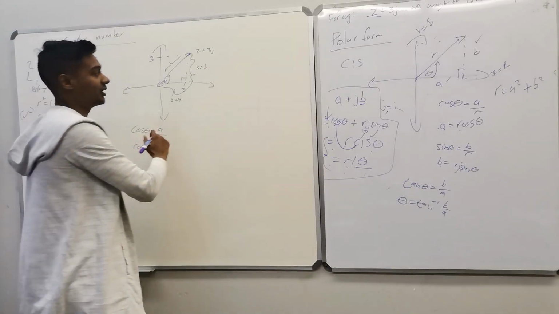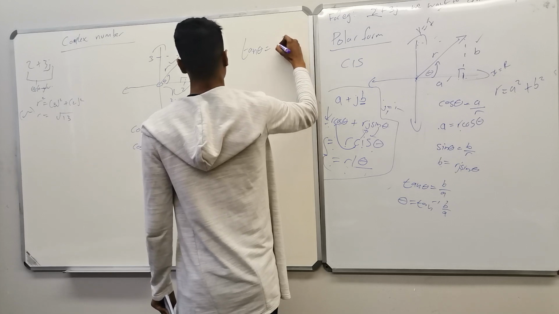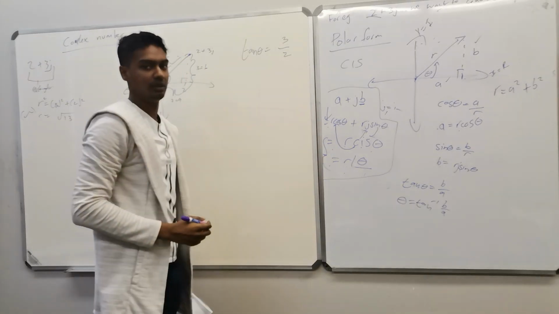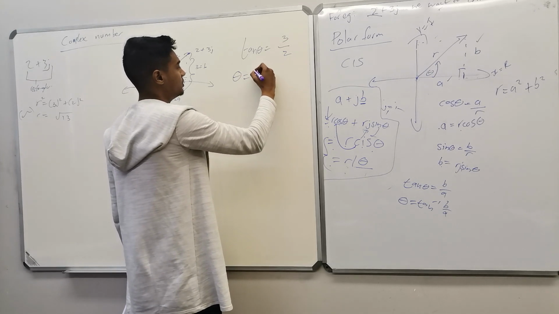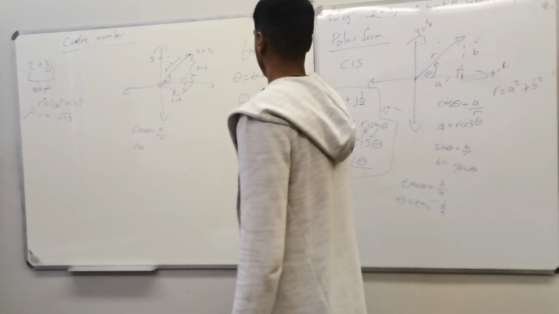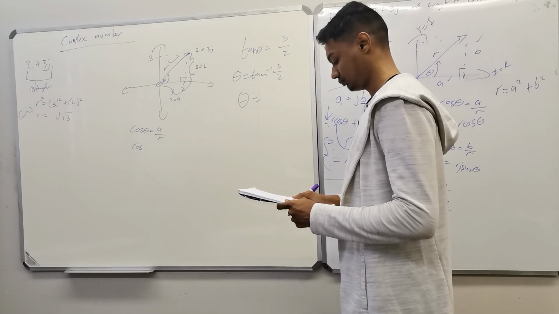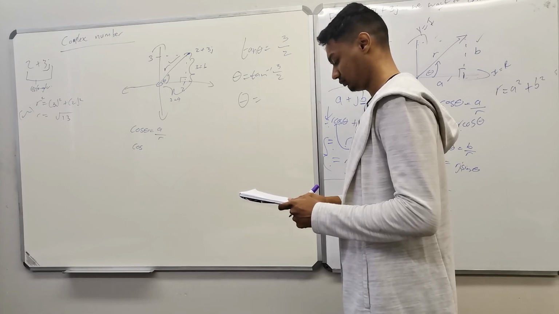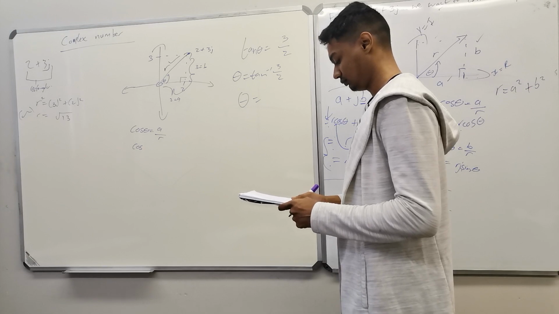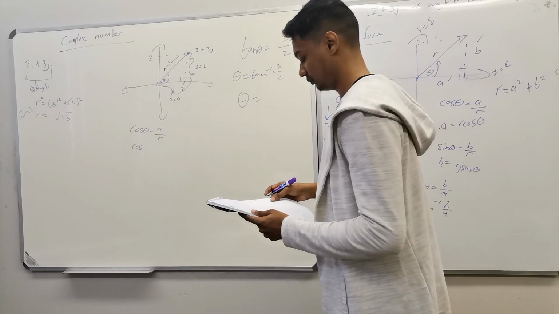Tan theta is equal to 3 over 2, so theta is equal to the inverse tan of 3 over 2. Theta is 56.31 degrees.